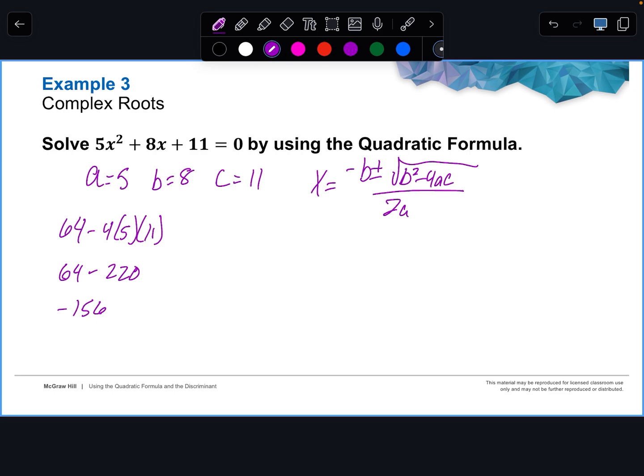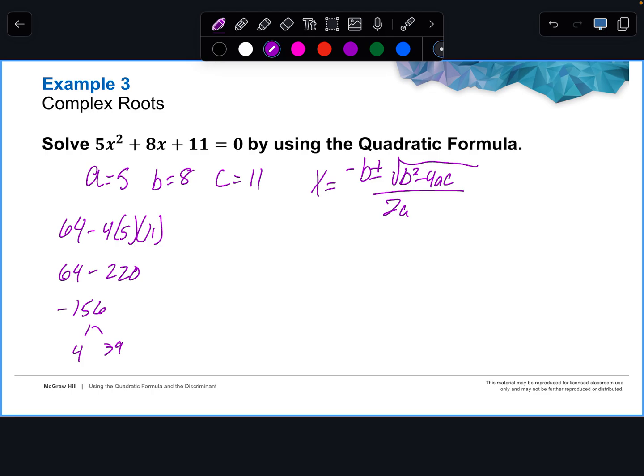Okay? So let's see, what's the square root of 156? Is that a perfect square? 156 isn't. Okay. So can I divide it by 4? Yeah, 4 and 39.